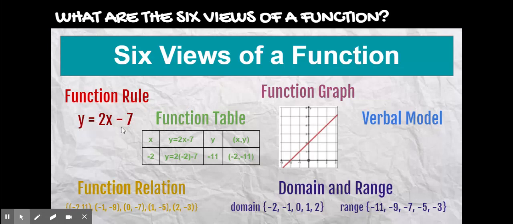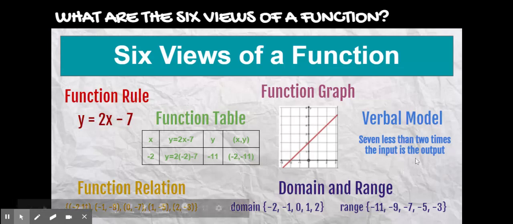So instead of stating what's happening in terms of an equation, which is mathematical symbols, the verbal model states what's happening inside the equation in words. So this equation in symbols is y equals 2x minus 7. But in the verbal model, it represents 7 less than 2 times the input value is the output value.